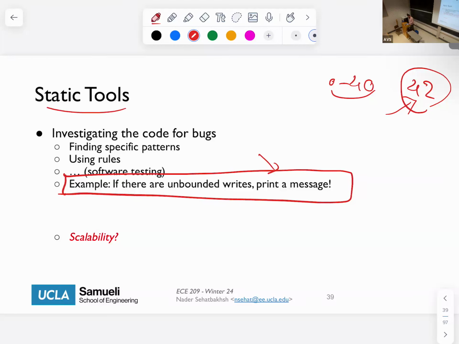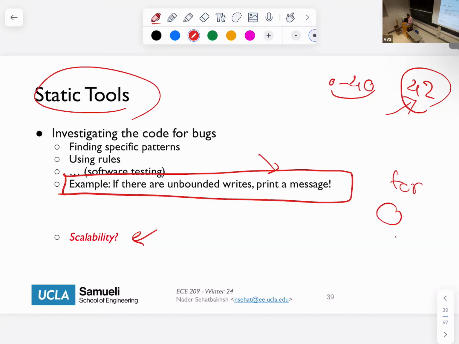The biggest problem with static tools is scalability. There could be many different paths in the program, and statically finding all those paths is not very simple. Consider just something like a for loop.